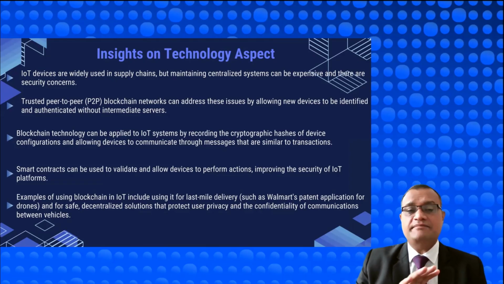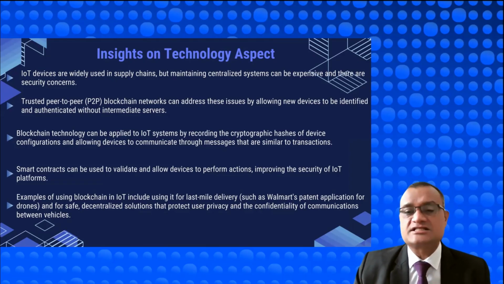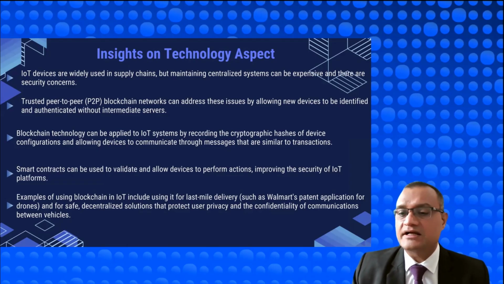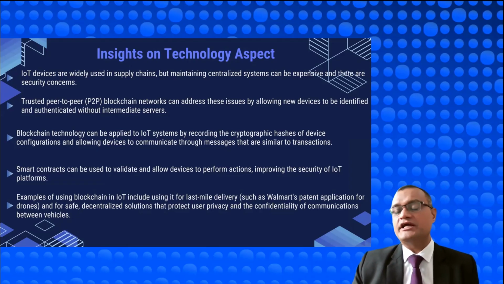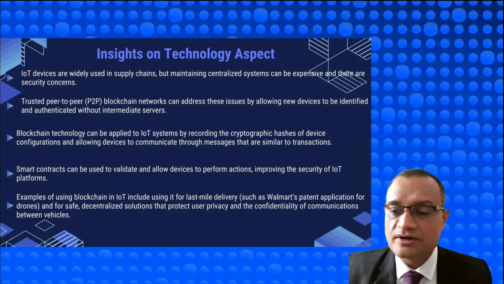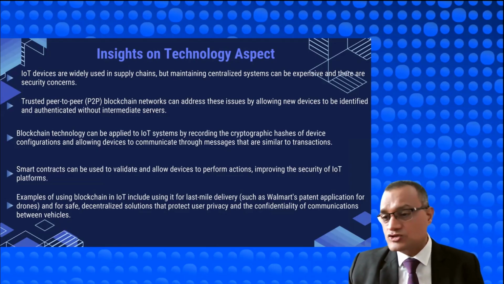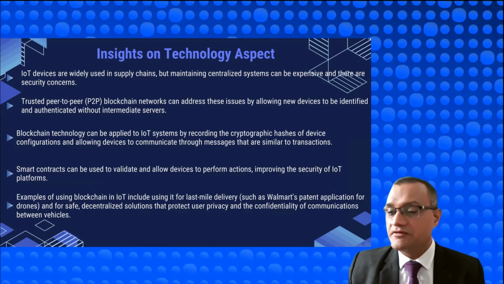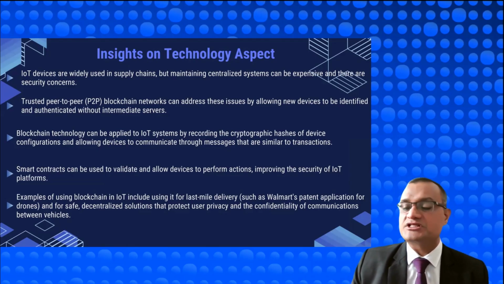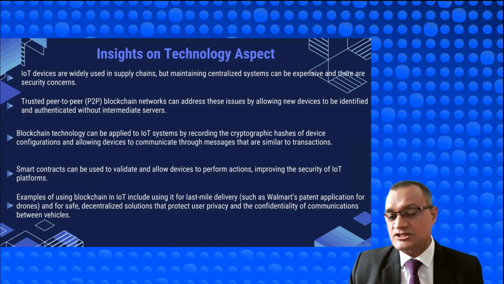Blockchain technology can be applied to IoT systems by recording the cryptographic hashes of device configurations, and allowing devices to communicate through messages that are similar to transactions. You can have smart contracts that can be used to validate and allow devices to perform actions, improving the security of the IoT platform, and so on.